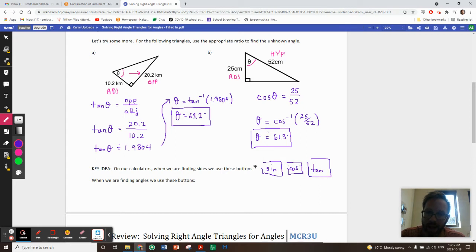But when we are finding angles, you're going to be using the inverse sine button, whether that's shift or second function or whatever is on your calculator, or cosine inverse, or tan inverse. And I know I've seen some of you who have those little pocket calculators that can't do anything but add and subtract. Those will not help you. You need to get a scientific calculator.